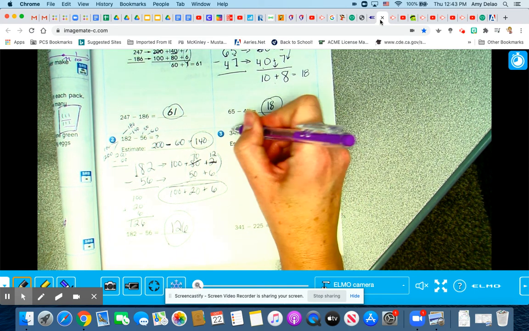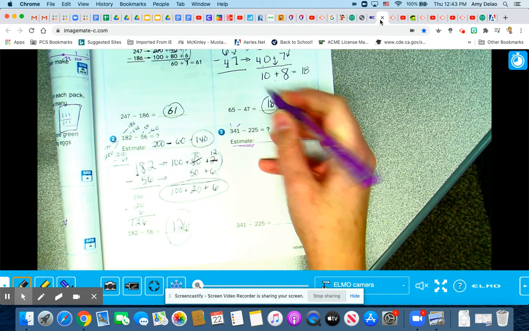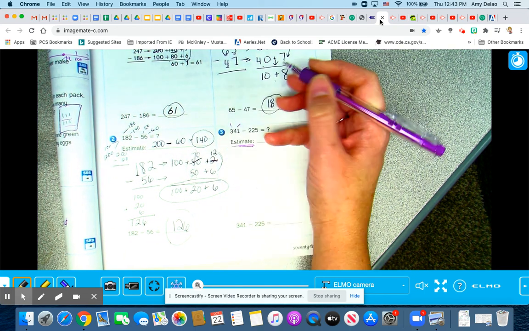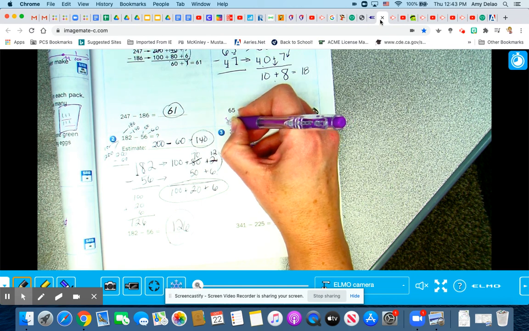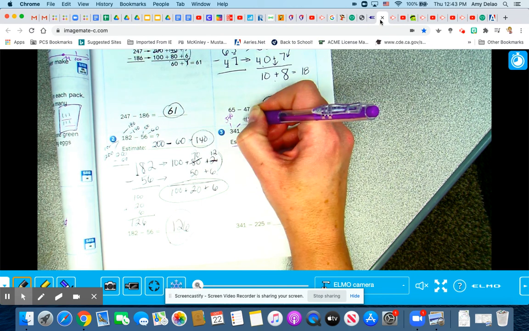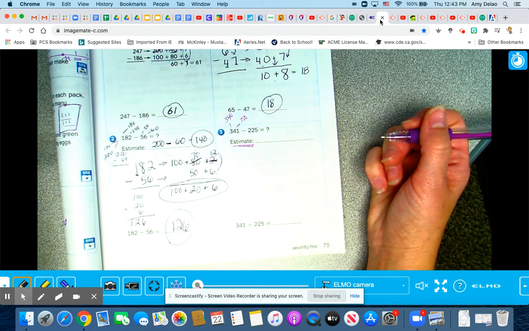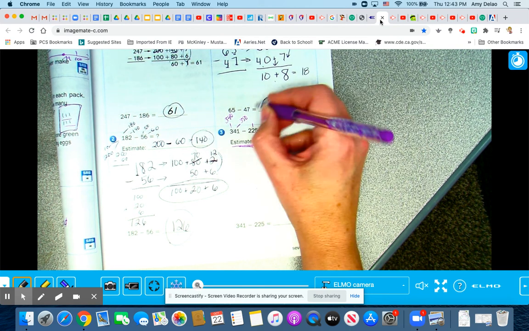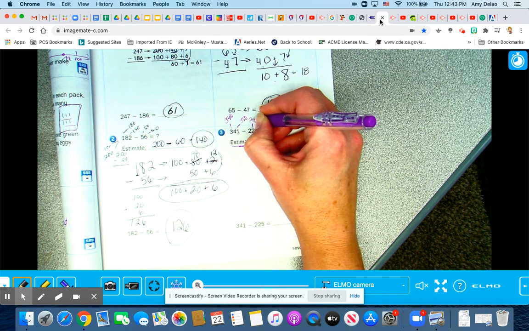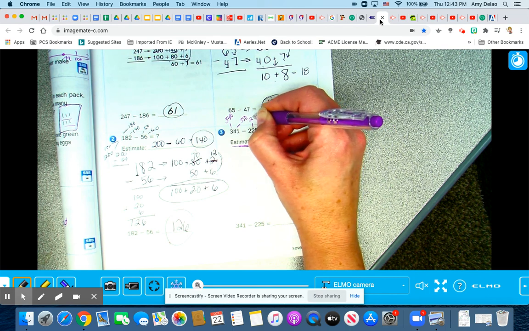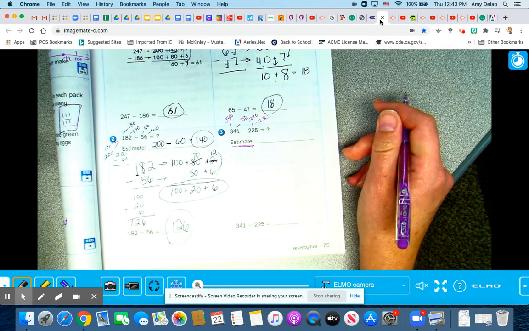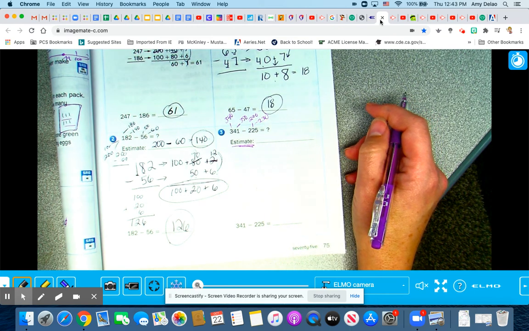Okay, so we always want to estimate first. Okay, 341, is that close to, I'd say 340 or 350? You could also do 300 or 400. Okay, this one I'm going to say is close to 200. Is it 220 or 230? You could also say, is it close to 200 or 300?